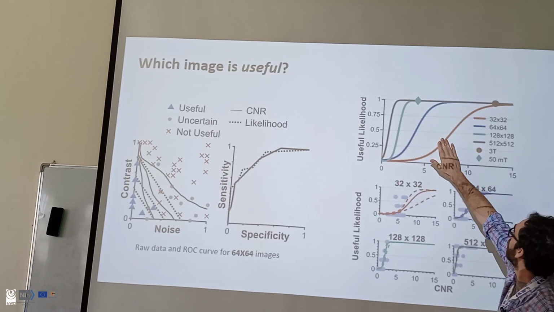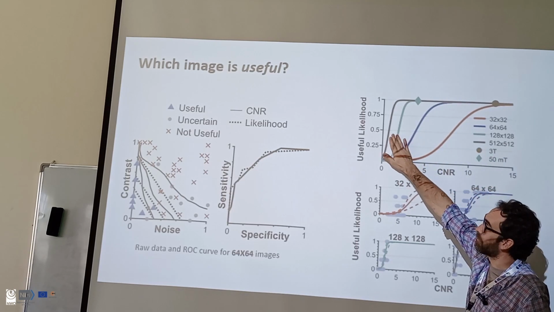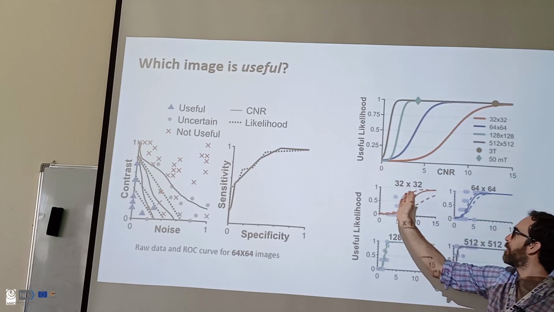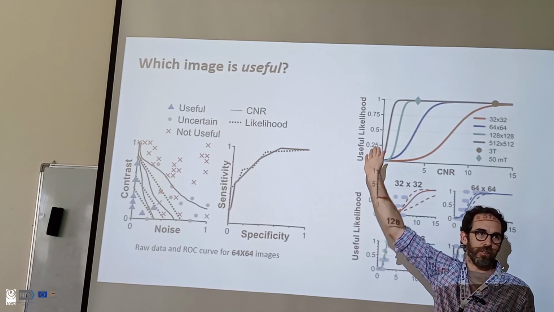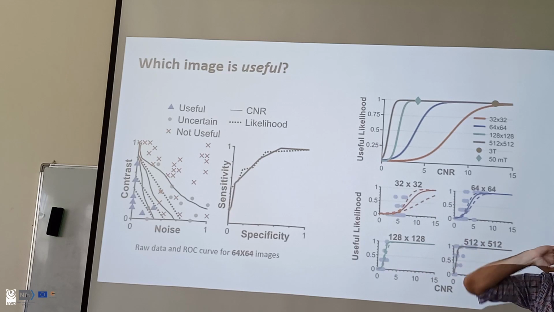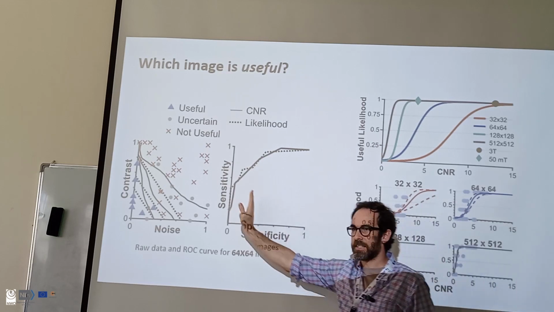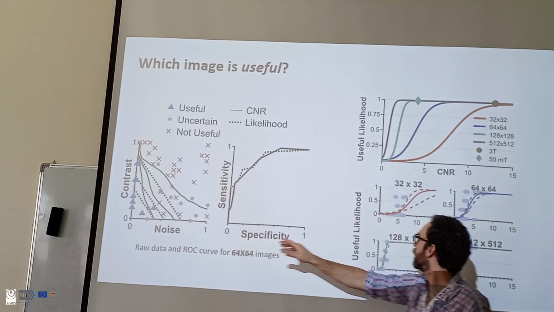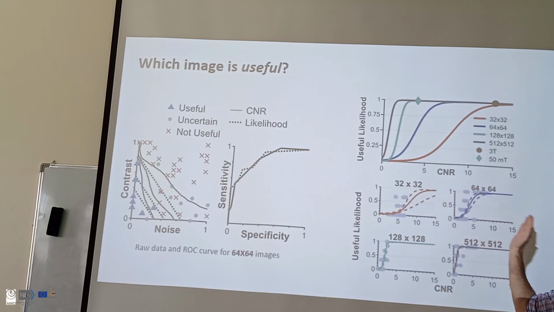Here we have 32, 64, 128, 512. And the method will give you the likelihood that an image will be useful based on the data from part 1 and the calculated contrast to noise ratio.